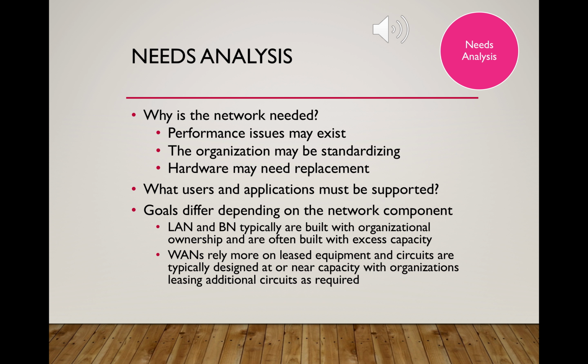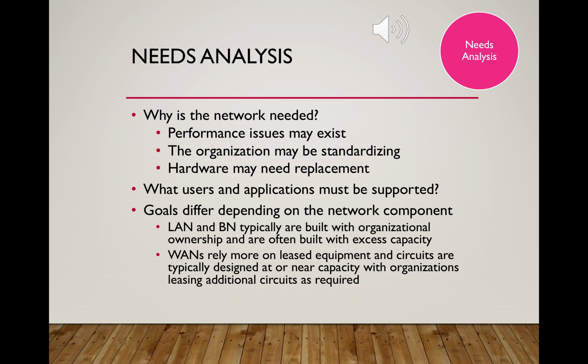Between the New Haven campus and the West Hartford campus, they require a wide area network, or a WAN. And as we know, WANs rely more on leased equipment, and circuits are typically designed at or near capacity within an organization because there's much more cost involved.